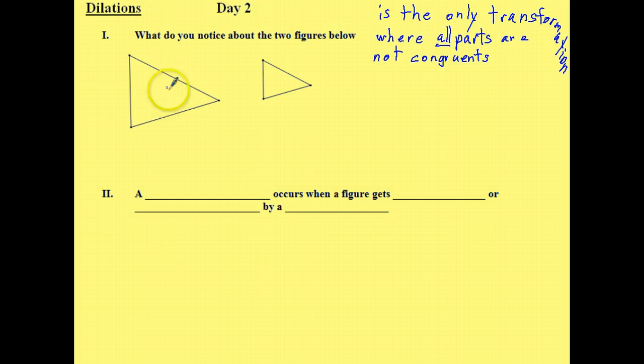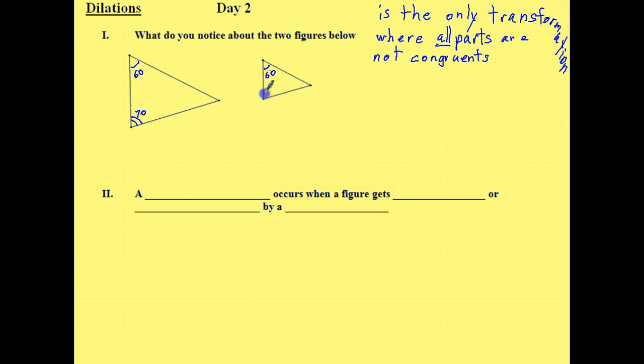Okay, let's look at these two figures. What do you notice about the two figures? Well, obviously they're both triangles and they're both pointing the same way. However, if we had a measure here of 60 degrees, this triangle also would have a measure of 60 degrees, and this angle would have a measure of 70.